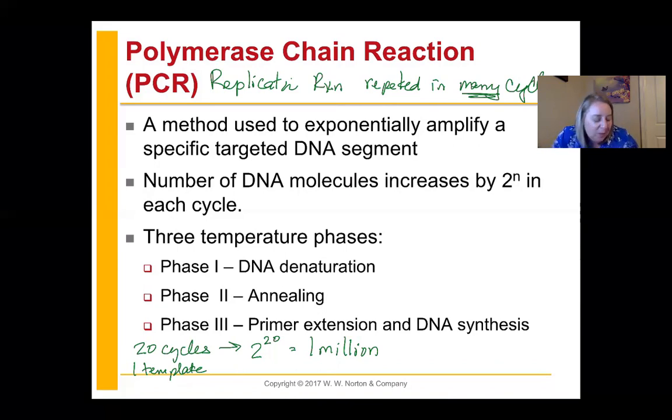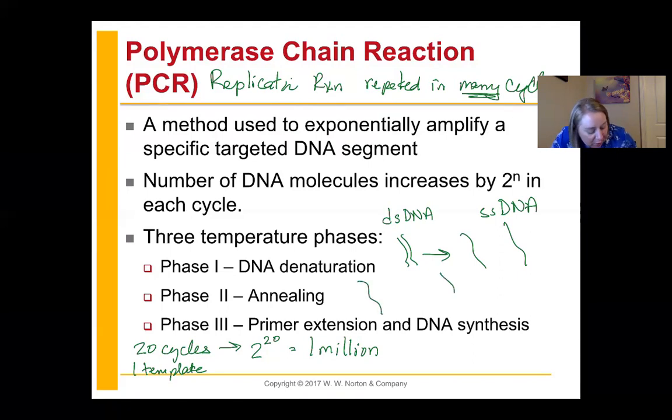But you do this in 3 phases. And remember that we can denature DNA just by temperature. You're starting with double-stranded DNA, right? So what do you want to do in the first stage? I want to separate it. I want to go from double-stranded DNA to single-stranded DNA. That's my denaturation. Phase 2 is annealing.